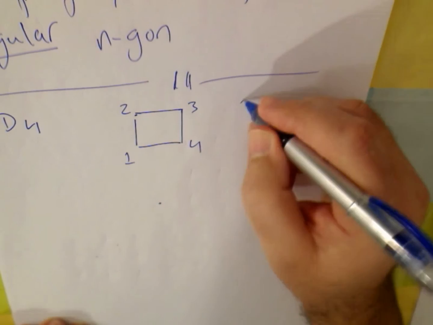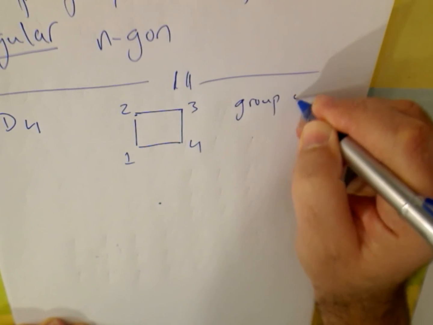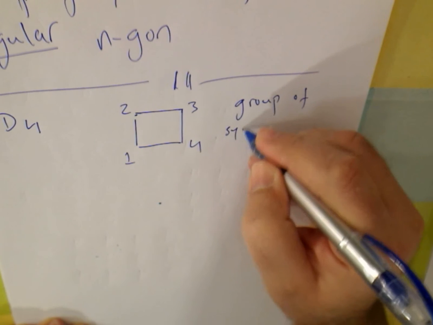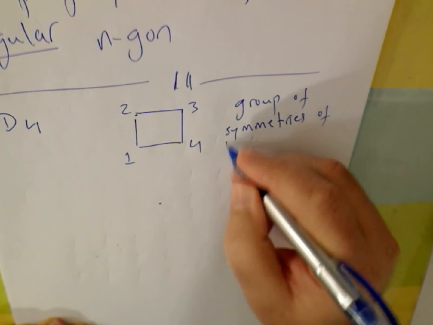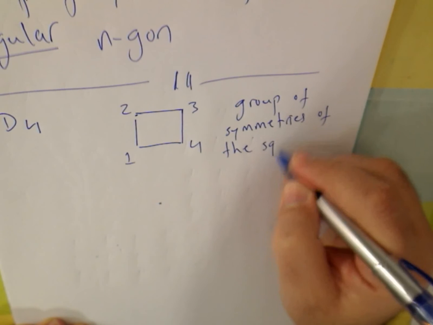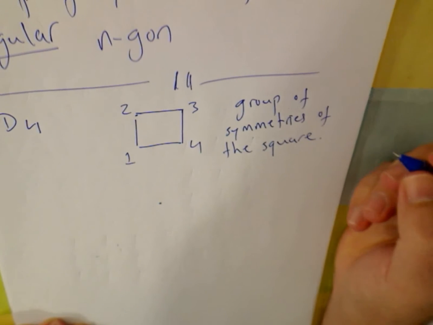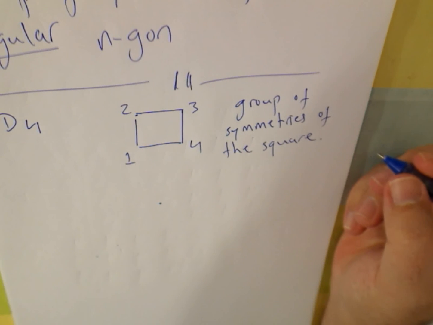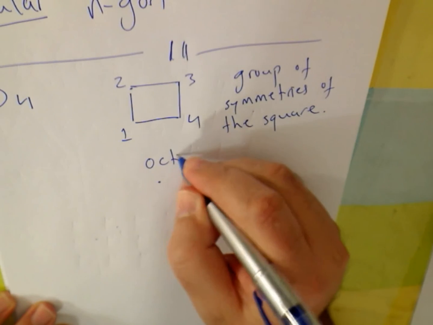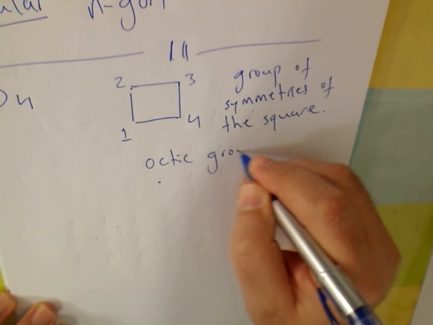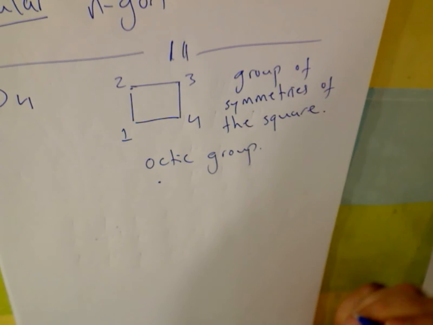Group of symmetries of the square. It's also called, I don't know if many of you are used to this, the octic group. That's another name for this.